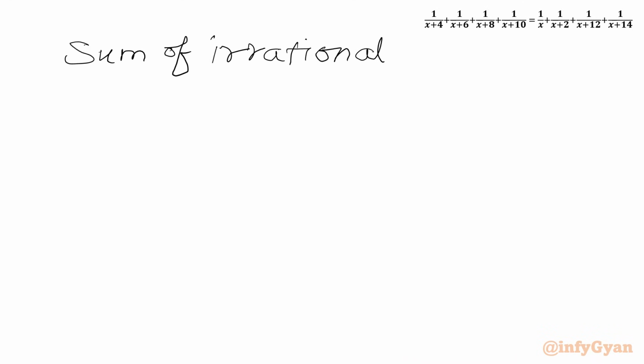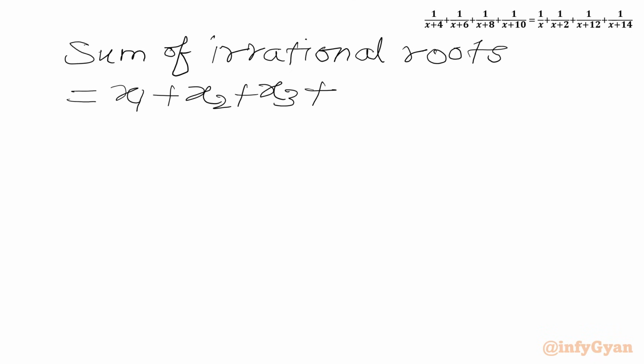So let me write here, sum of irrational roots will be equal to x1 plus x2 plus x3 plus x4. We will get our answer minus 28.